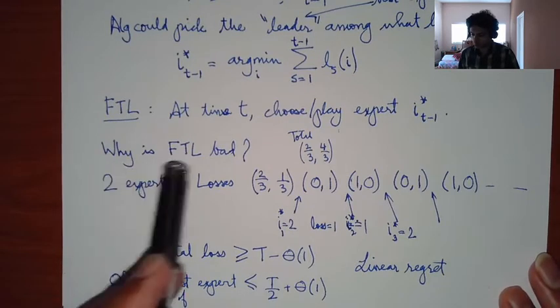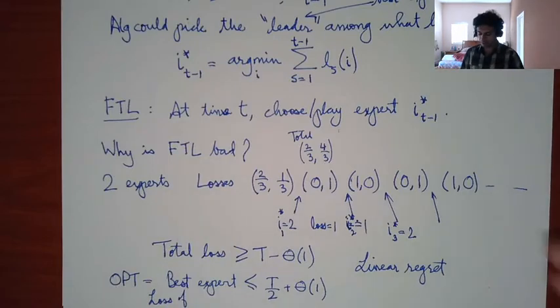I'm showing you why follow the leader is bad, and that even when there are only 2 experts, follow the leader can really be bad. So I'm giving a lower bound, a counterexample. Even with just 2 experts, follow the leader can perform really poorly. Okay.